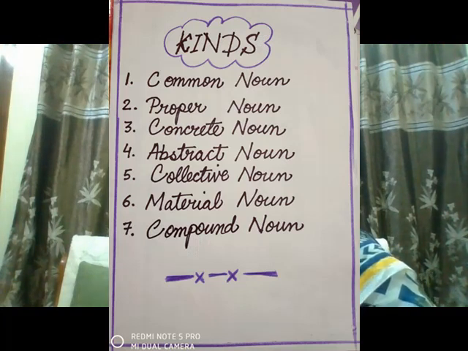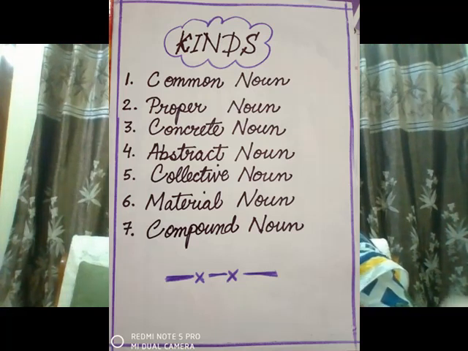Number 1 we have common noun, then second proper noun, then third we have concrete noun, fourth we will discuss abstract noun, fifth is collective noun, sixth we have material noun, and the last which we will discuss, number 7, is compound noun.